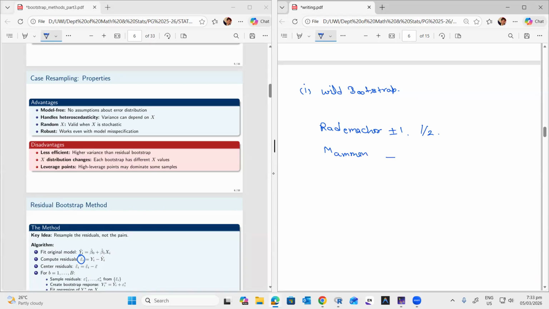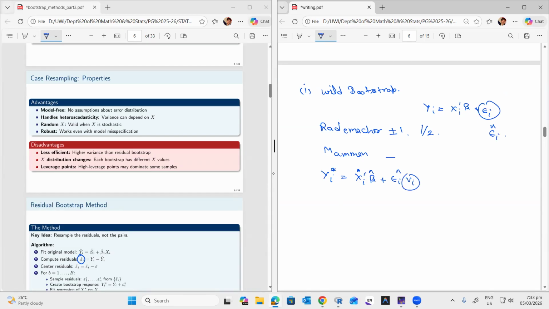These two distributions we assume. We have the model yi equals xi dash beta plus epsilon i. Instead of replacing this epsilon i with the estimated value epsilon i cap, we introduce a new model, yi star equals xi dash beta cap plus epsilon i cap into vi.